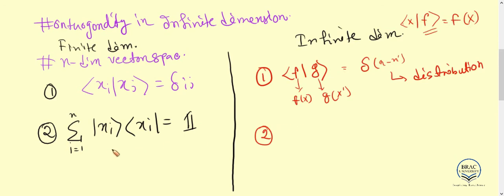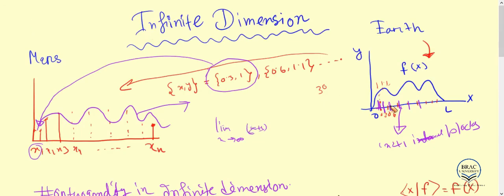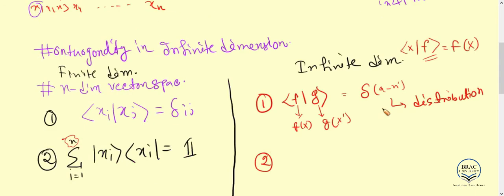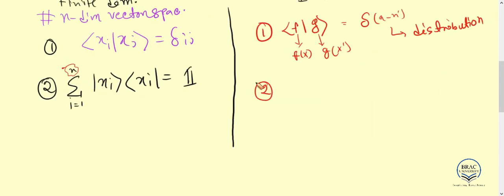So here you can easily find this completeness relation for infinite dimension. How? Because when there is infinite dimension, instead of n over here, this sum will go to infinity, right? And you know from calculus that when this goes to infinity, and the length of each of these smaller intervals that we discussed is getting smaller, we should replace this sum with an integral.